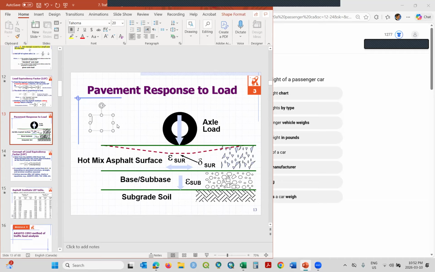Yeah, so the cracking is at 20% of the surface, and that is the damage. And the rutting is half an inch, or if you want, approximately 12.7 millimeters.